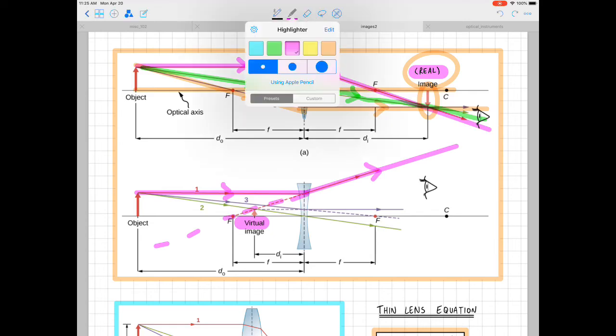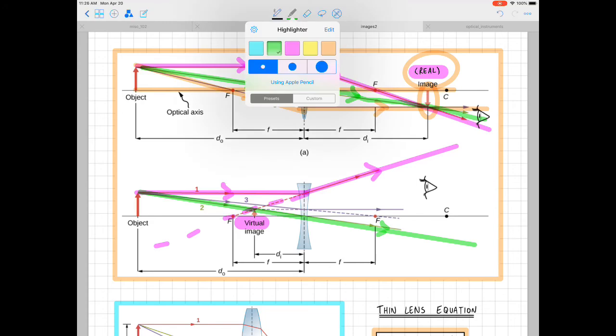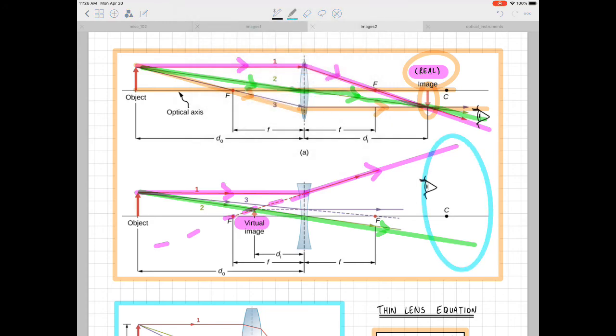And so ray number 2 is the ray that passes through the center of the lens. And again, passing through the center, the net effect is that the direction doesn't change. And so if you look over here, say your eye was big enough for both of those rays to enter, these rays are never going to meet.